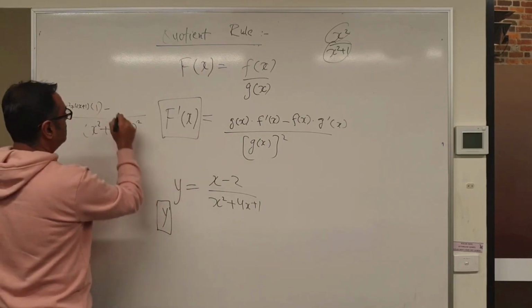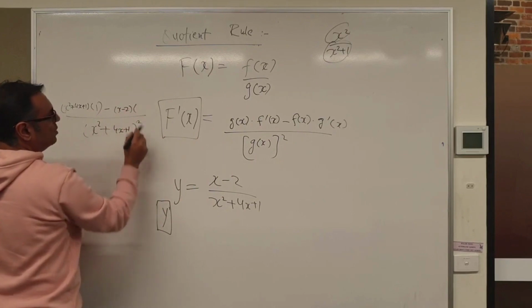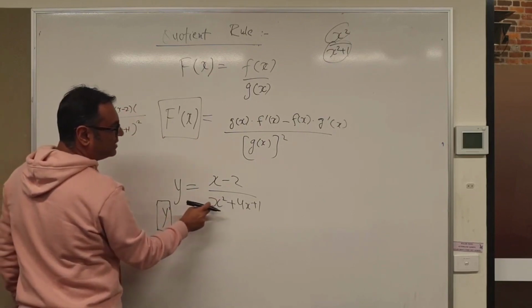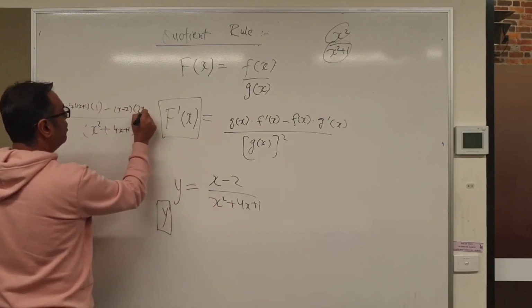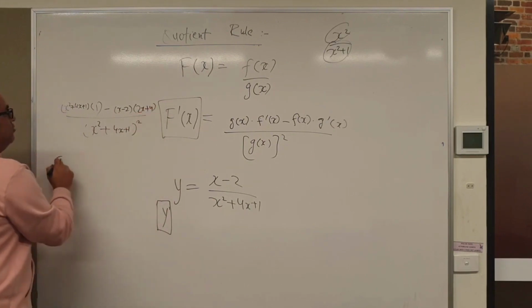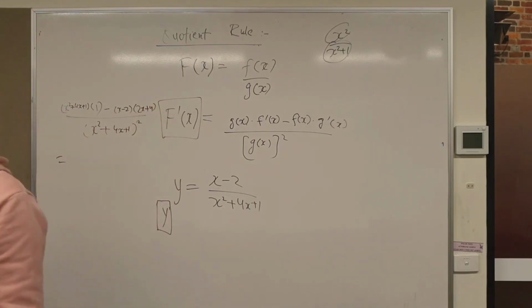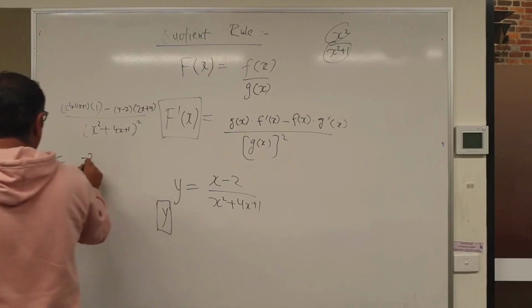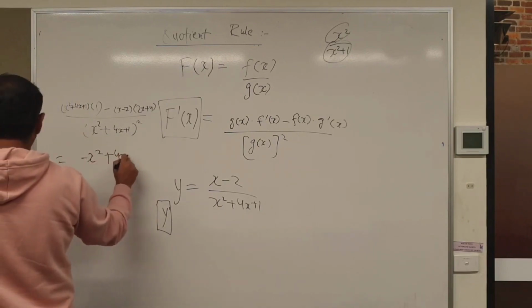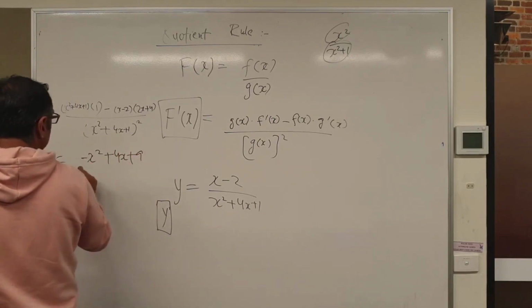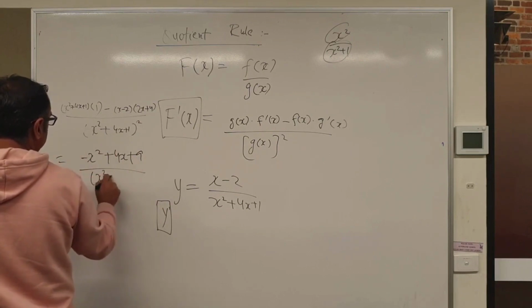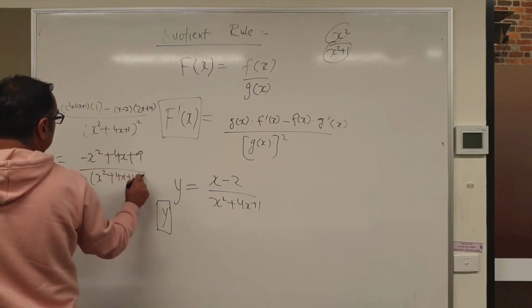Minus x minus 2. What's the derivative here? 2x plus 4. And you solve it, you get negative x square plus 4x plus 9 over x square plus 4x plus 1 whole square.